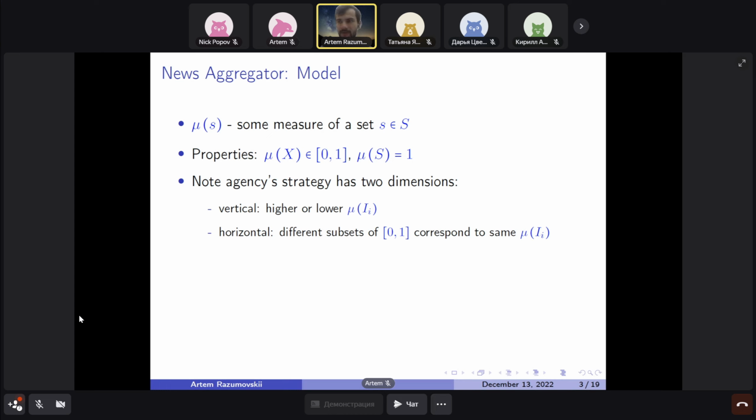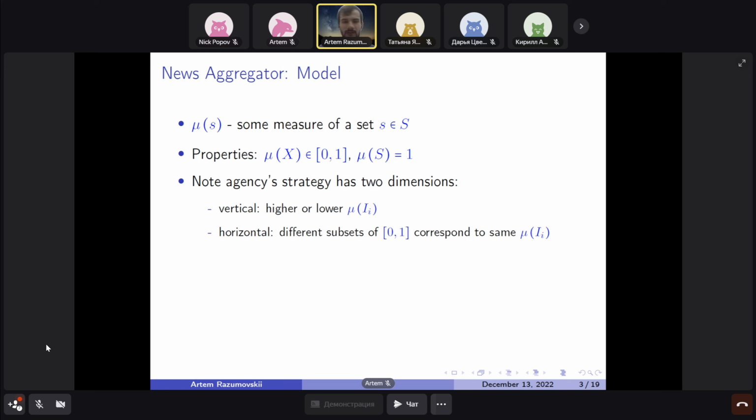So I have 1, 2, 3 combinations, right? For the consumer, we assume that the consumer cares mostly about the total quality, but then the agency can pick different topics too.